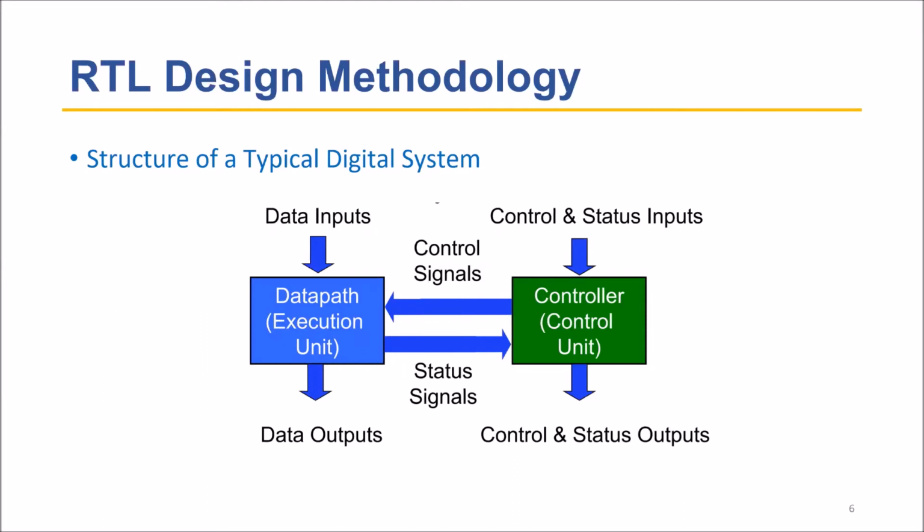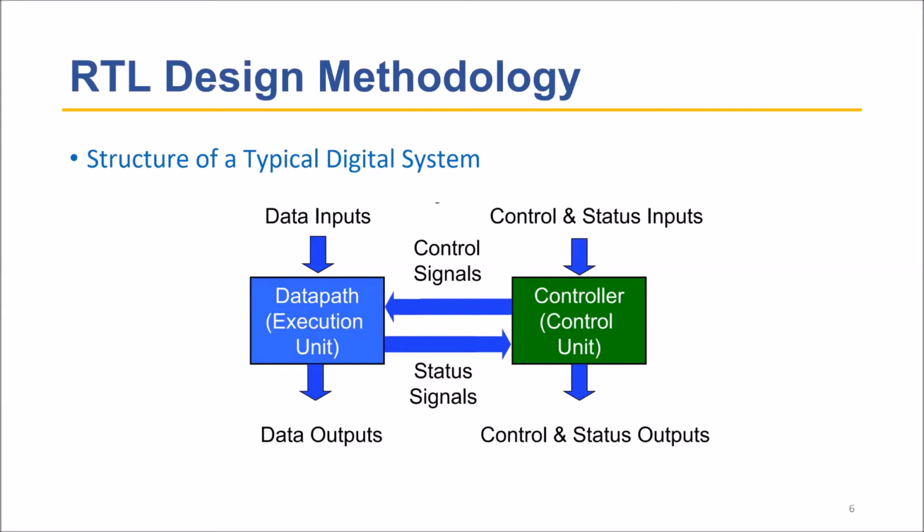All control and status input must go to the control unit, and this unit can output those signals. The 2 control and execution units communicate with each other through the control and status signal. Data path or execution unit sends a status of itself to the control unit, and controller sends control signal to the data path to control the execution of system.